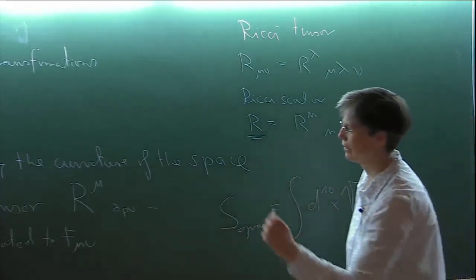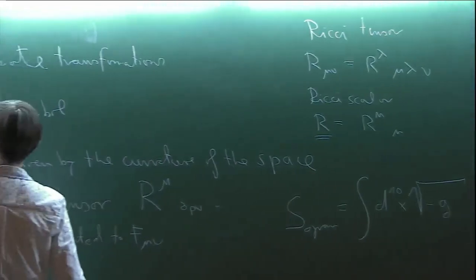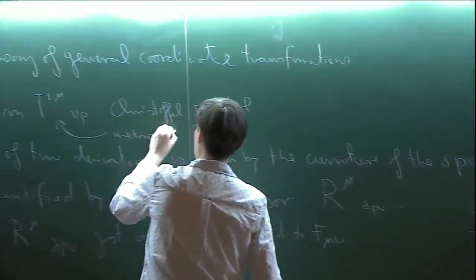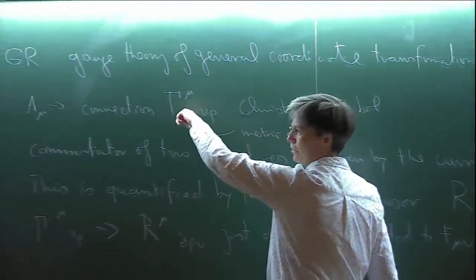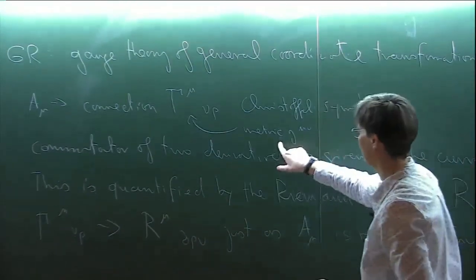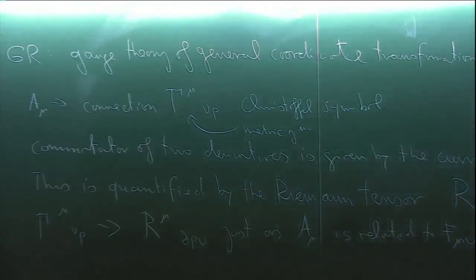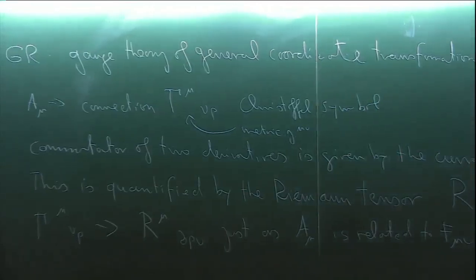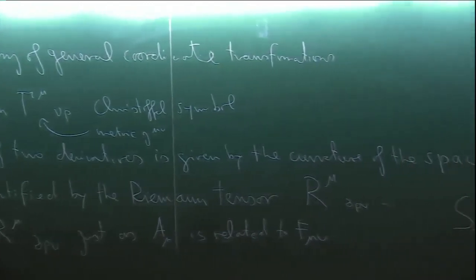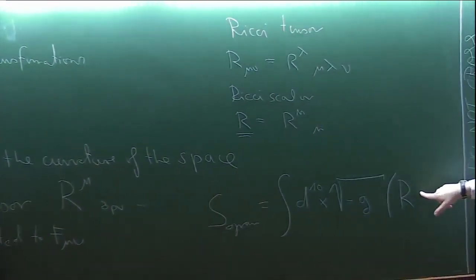There are so-called metric spaces, and in metric spaces, the metric G mu nu enters this Christoffel symbol. So you can write this gamma in terms of this metric and its derivatives. And R is exactly this R which I was talking about. That's what I wrote on the blackboard 5 minutes ago.